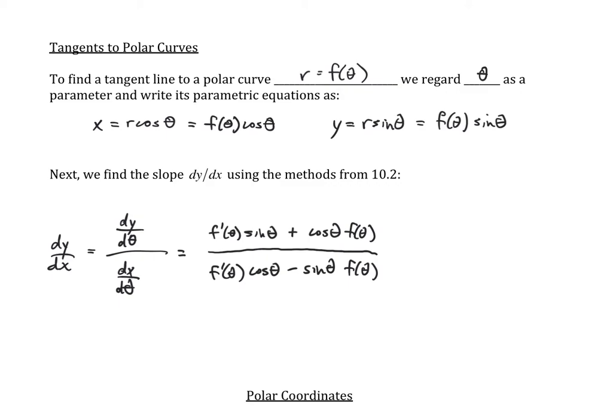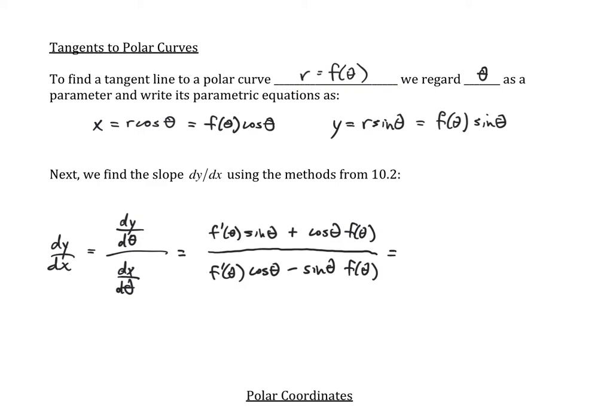Okay, so we can express this in terms of r, because remember our function f of theta was really what we were calling r. So let me write this formula in terms of r.